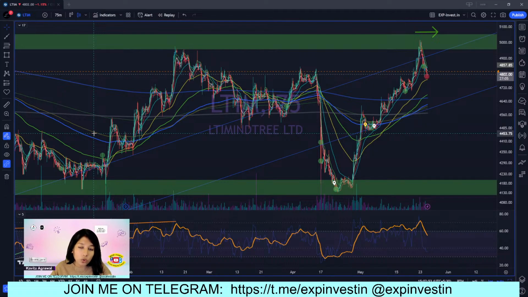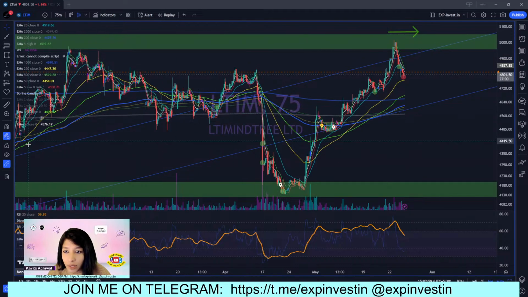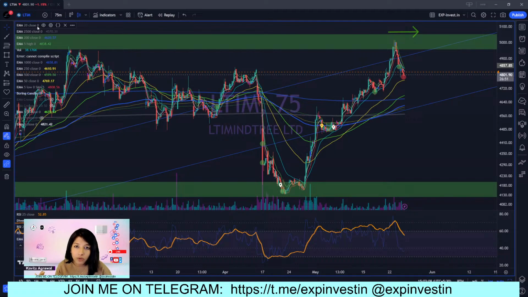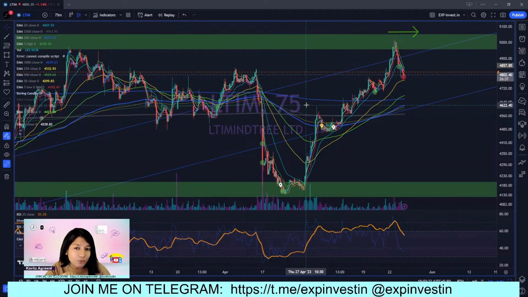So what I do in this is, for example, in this chart of LTIM, I'm not sure if you're able to see this, but I'll try to explain. There are the primary exponential moving averages which I just told you about, which is the 5, 20, 50, 100 and 200. Right now, from the daily time frame, I have borrowed a few moving averages and made sure that they are reflected on the 75-minute time frame exactly the way they are visible on the daily time frame.